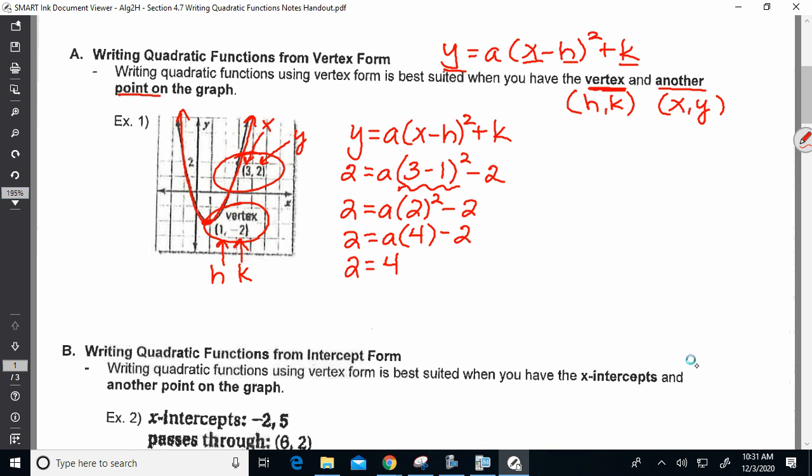We have 4a minus 2 equal to 2. That's a relatively simple equation. Add 2, divide by 4. So a equals 1. Any questions before we continue?